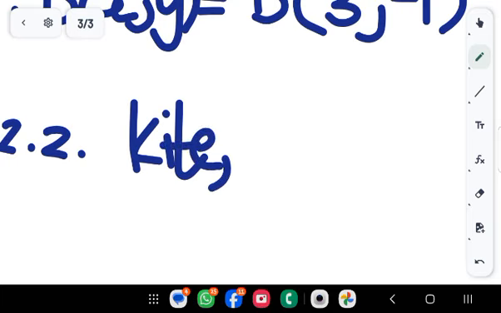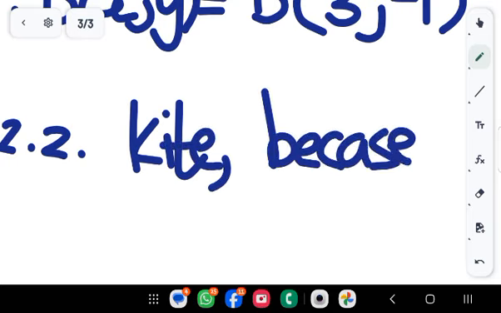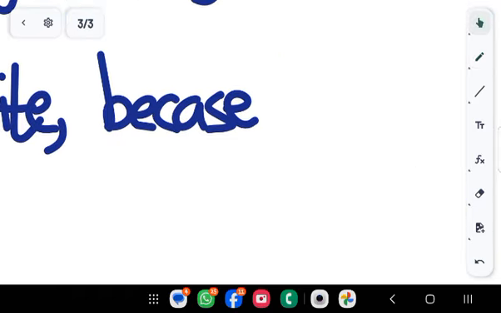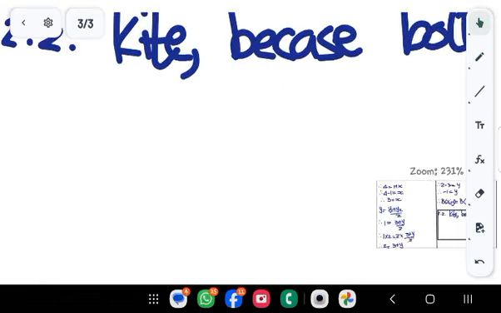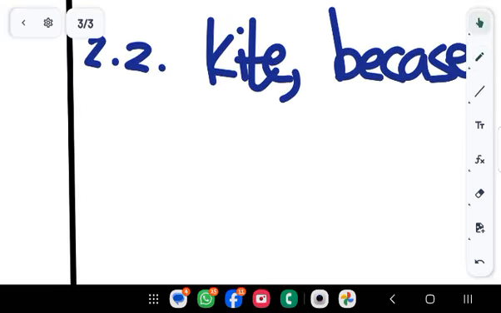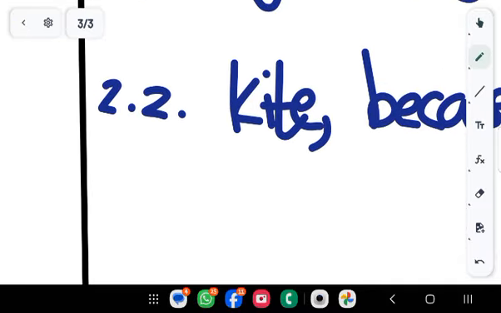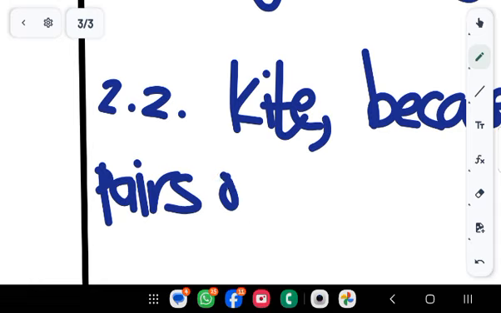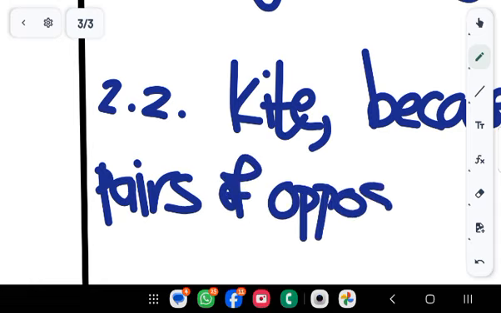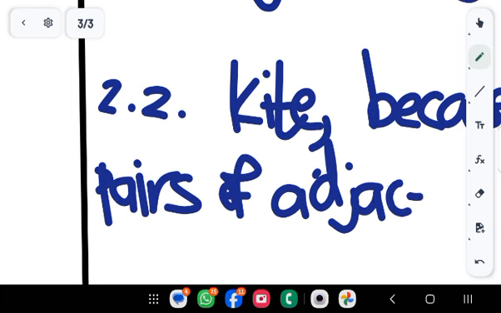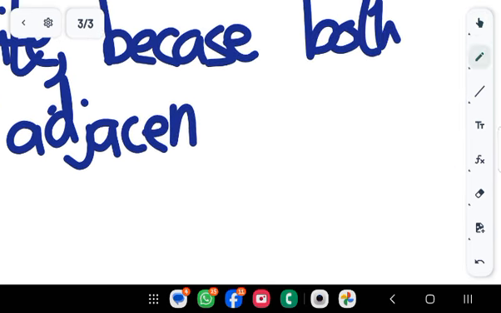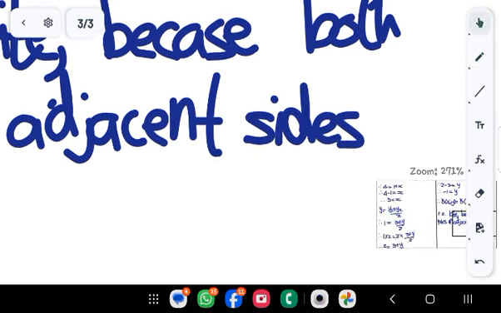And the reason why is because both pairs of adjacent sides are equal. That's what makes a kite a kite.